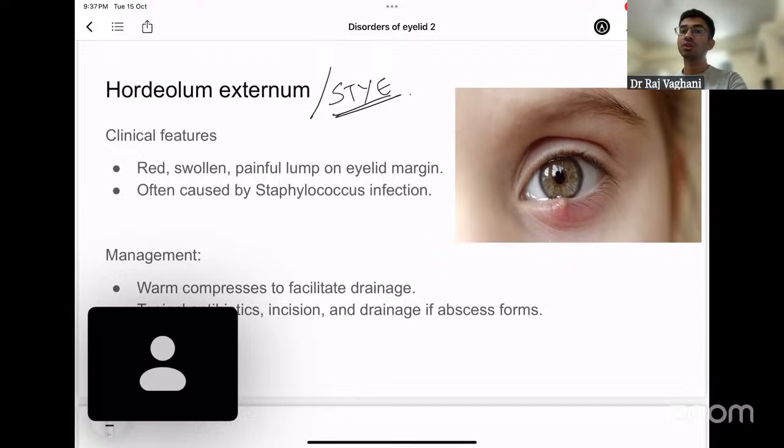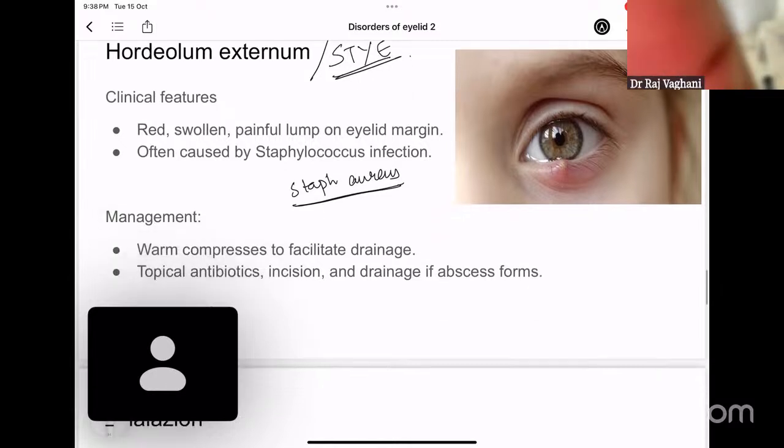These include a red, swollen, painful lump on the eyelid margin, often caused by staphylococcus infection. The most common causing organism is Staph aureus, the most important organism causing infection of your eyelids.